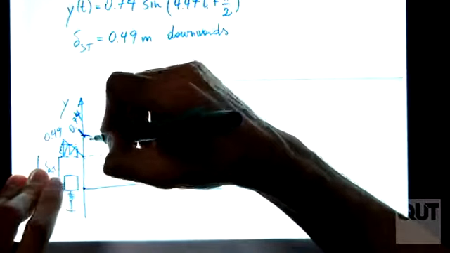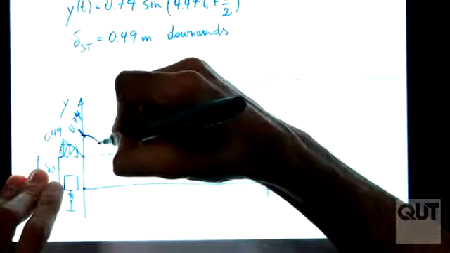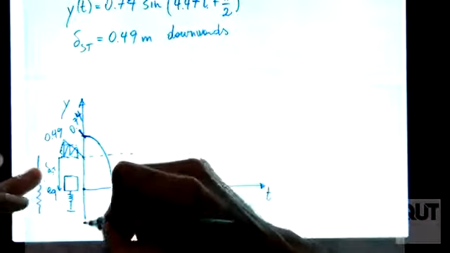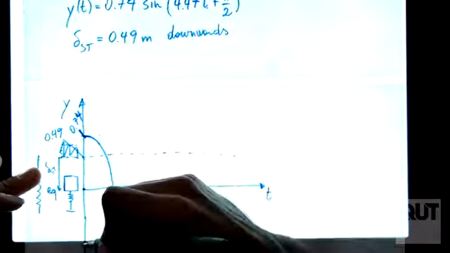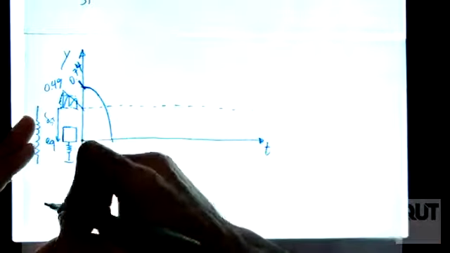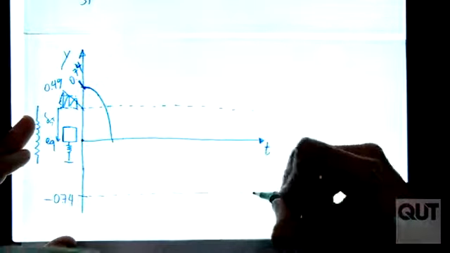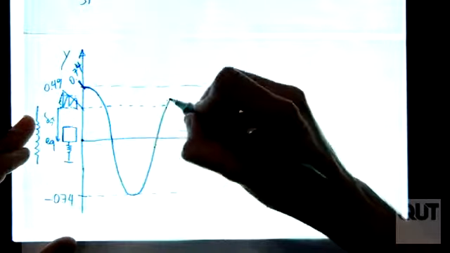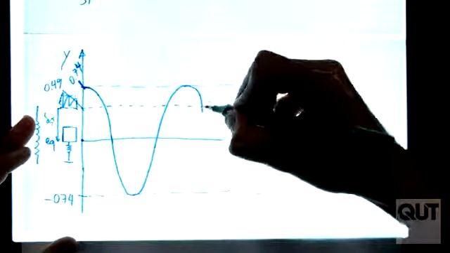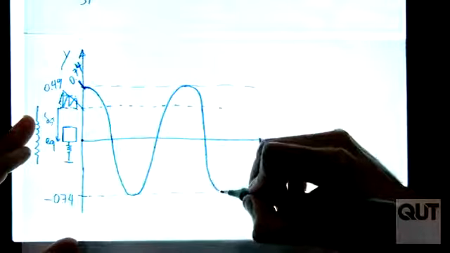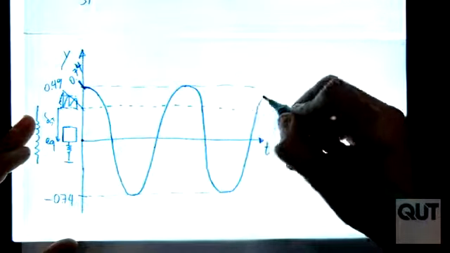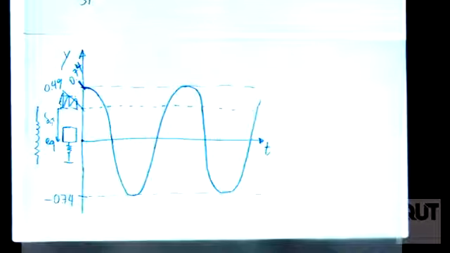And then it goes down, and it goes to minus 0.74, and so on. Okay? That's how it looks.